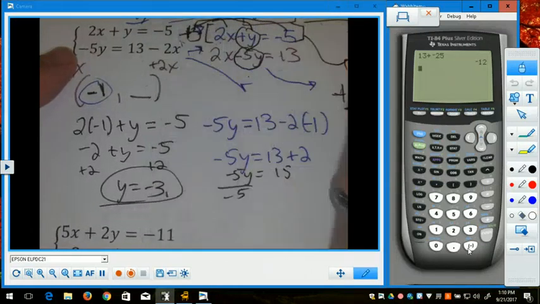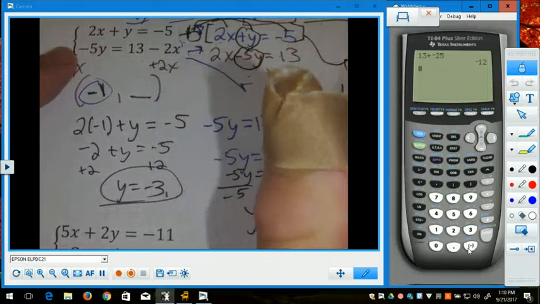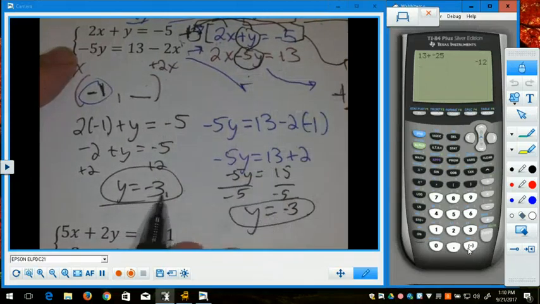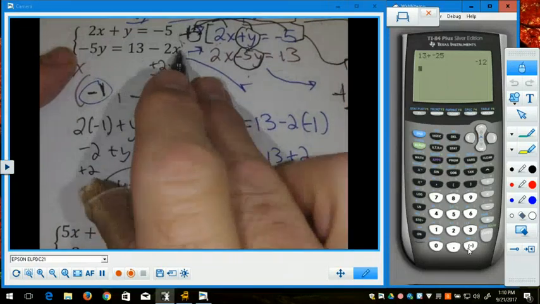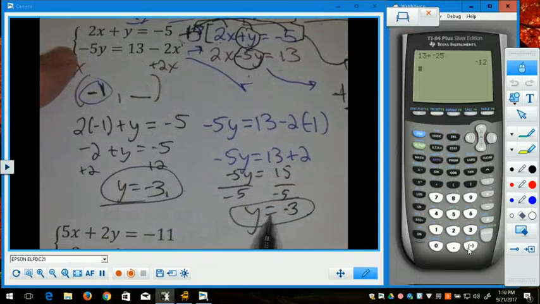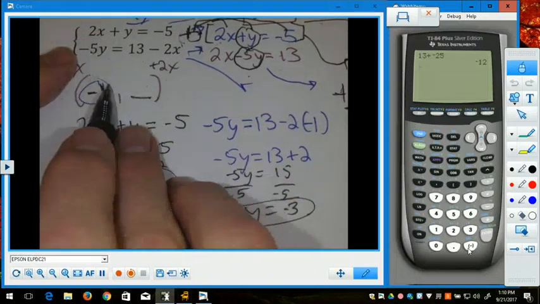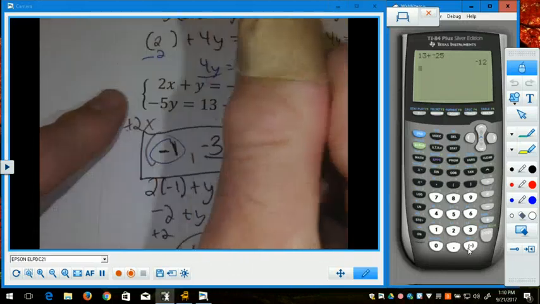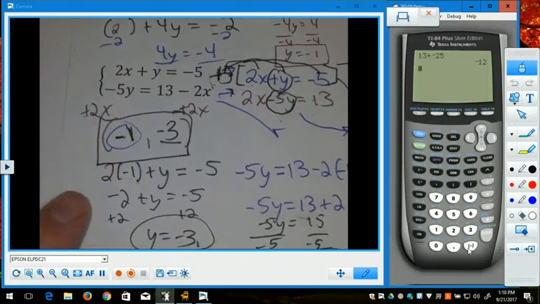And when I divide by -5, y is -3, just like I got here. So I know that this is the correct answer for the y for both equations, and that those occur when the x is -1. So there's the answer to that system.